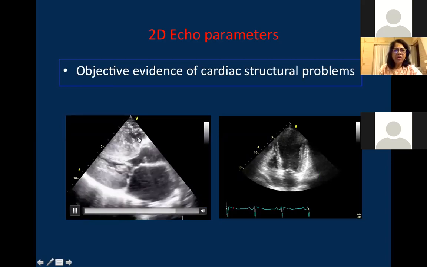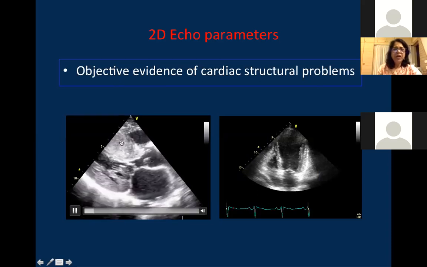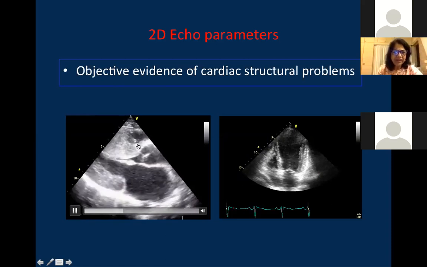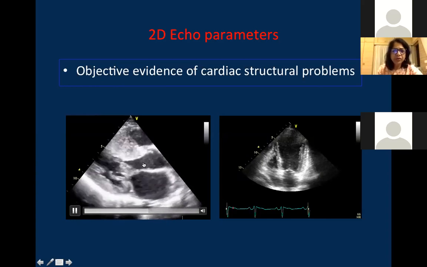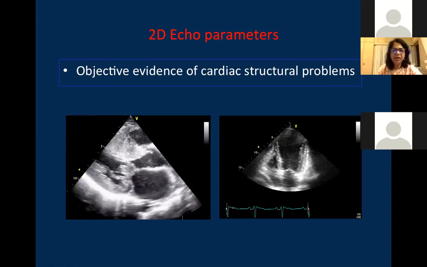This is a case of hypertrophic cardiomyopathy. As you can see, there is asymmetrical septal hypertrophy. These will give us an idea that this patient might be having diastolic dysfunction. So it helps us to differentiate between a normal and abnormal diastolic function.